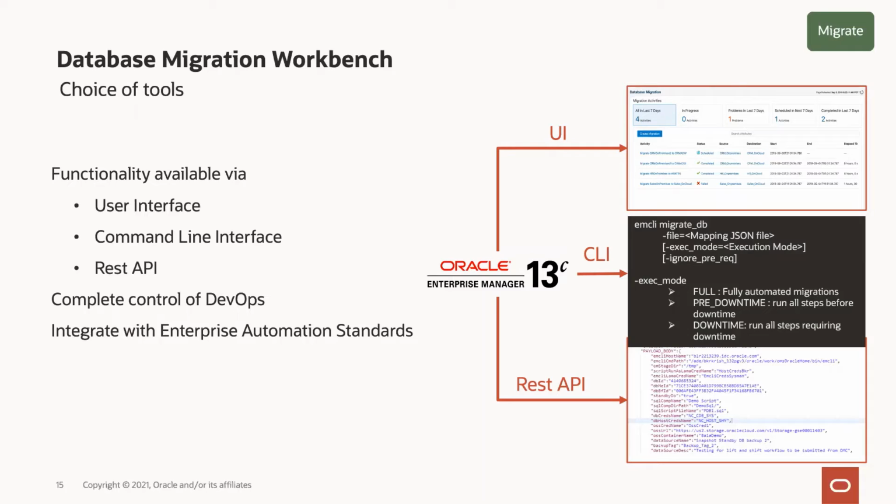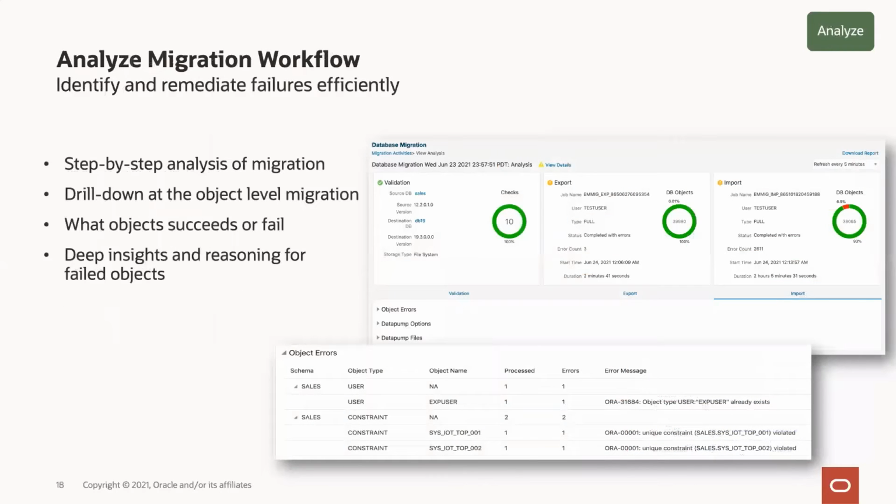Now that the migrate phase is done and the migration is done, you're at the stage where you need to analyze the migrated database. From the Workbench itself, you can do step-by-step analysis of the migration. You can drill down at the object level. You can identify and review objects that have failed and objects that have passed.